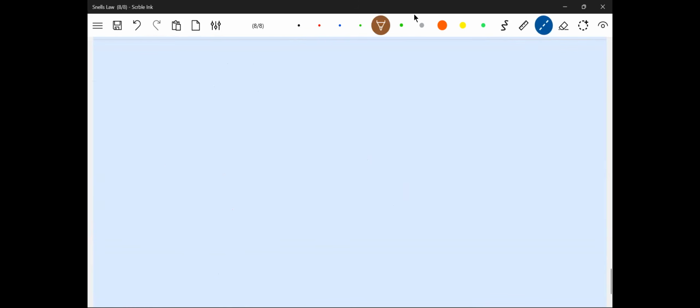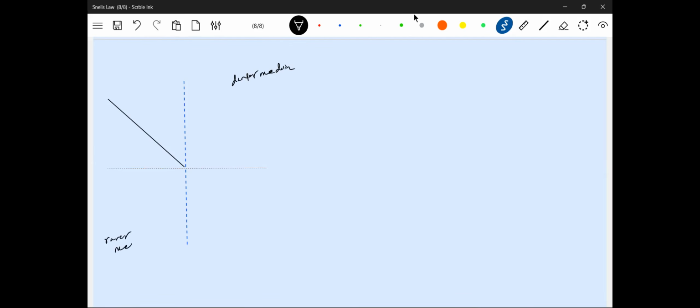There's a boundary, and there's an incident ray. Let this be the denser medium and this one the rarer medium.